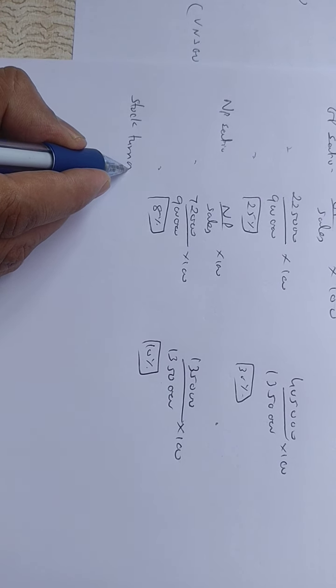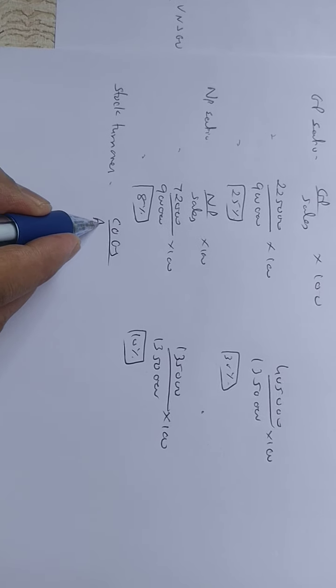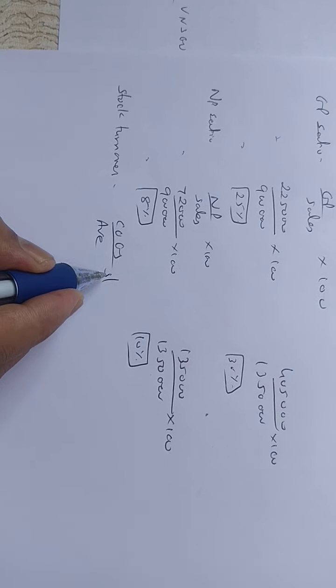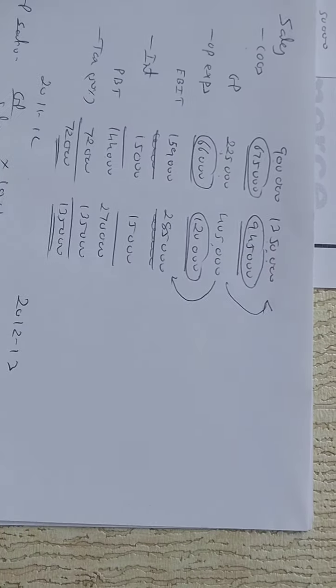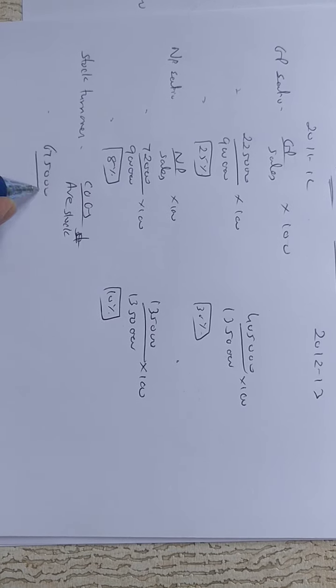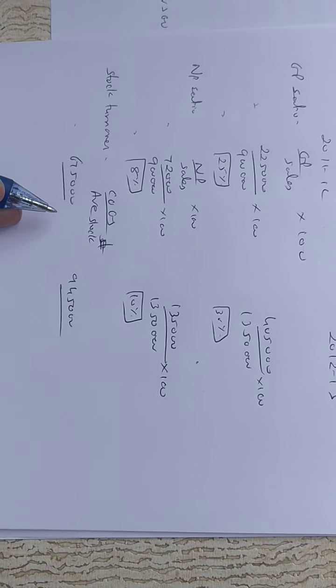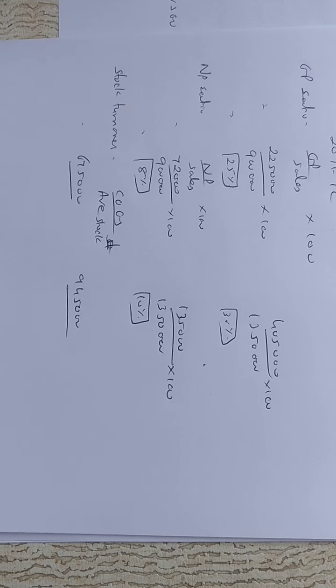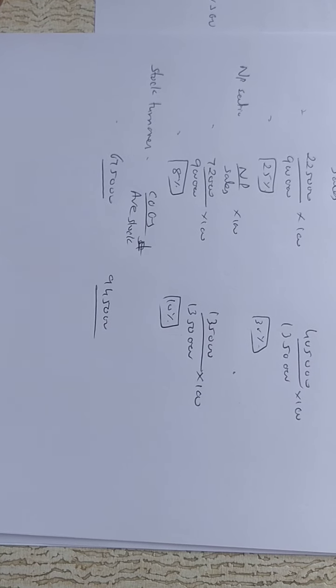Stock turnover: cost of goods sold upon average stock. Cost of goods sold in the first year is 6,75,000 and second year is 9,45,000. Average stock means opening plus closing upon 2.